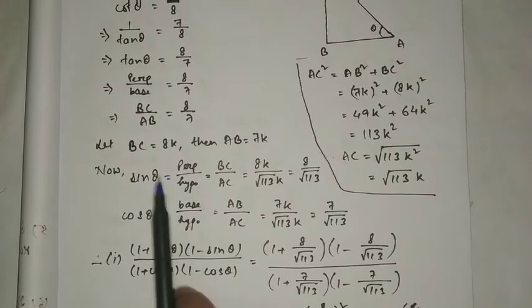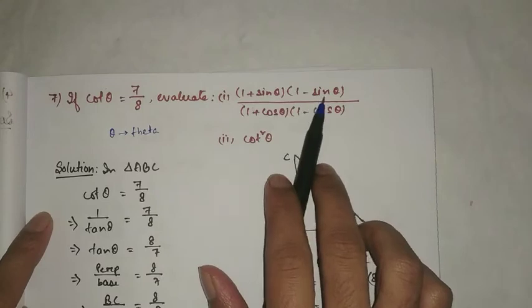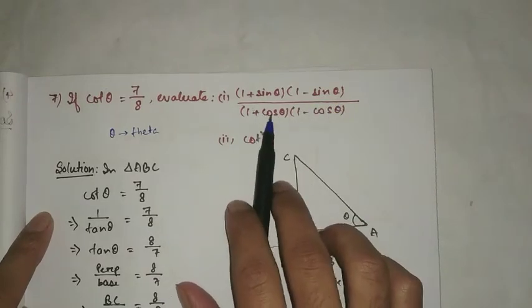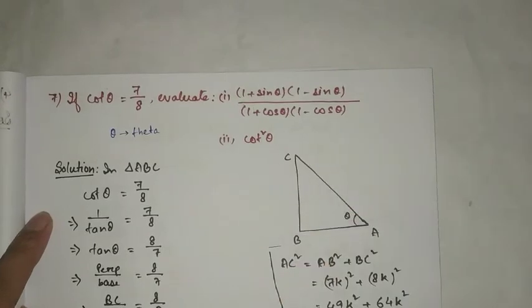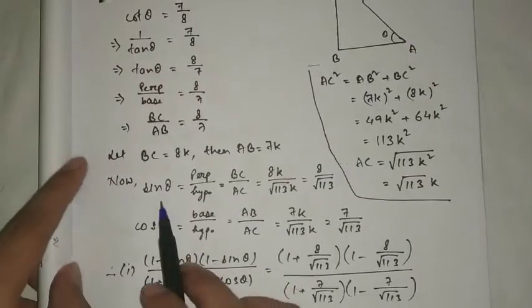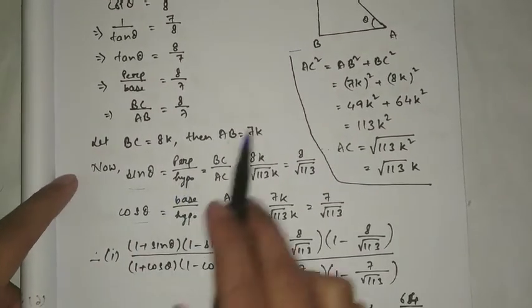Now since we have to determine the values of 1 plus sin theta, 1 minus sin theta, 1 plus cos theta and 1 minus cos theta, it is just sufficient to calculate the values of sin theta and cos theta. We don't need any other trigonometric ratio in this problem.